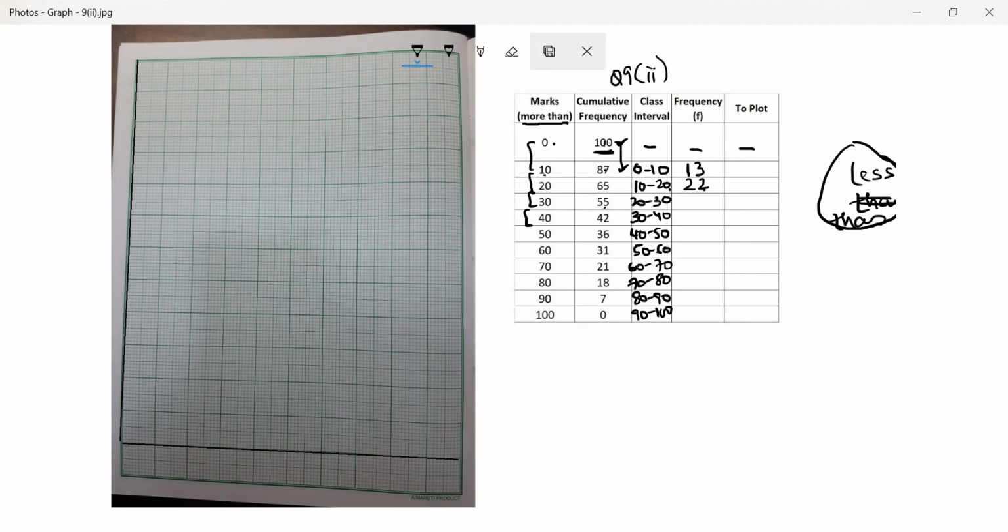This is 55, so subtract again: 65 minus 55, 10; 55 minus 42, that's 13; 42 minus 36, 6; 36 minus 31, 5; 31 minus 21, 10; 21 minus 18, 3; 18 minus 7, 11; and 7 minus 0, 7.